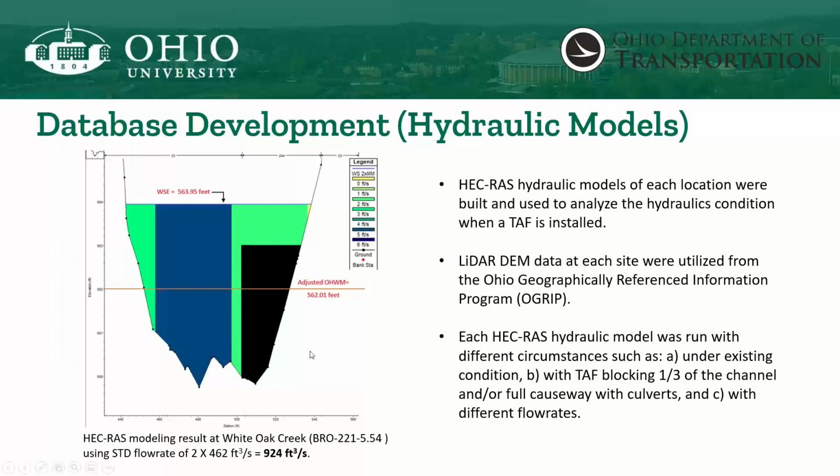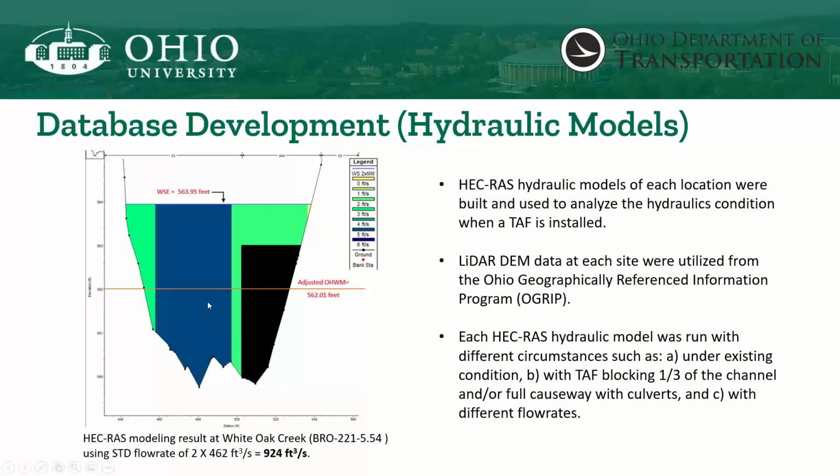So this is the cross section at that particular location. I ran this model and checked out the 462 CFS. I think that's March. David can confirm that with me in the chat. So that's the highest of the monthly flow, and twice that gives you 924 CFS. So that's the design flow for a TAF.